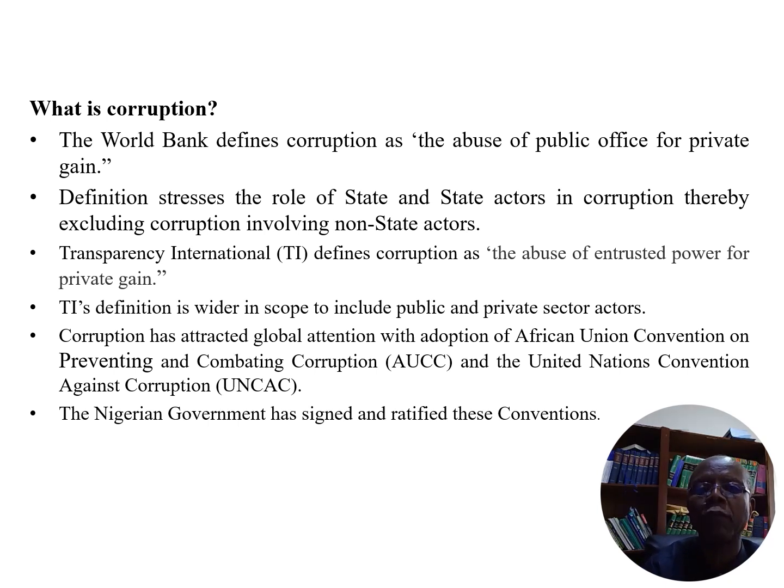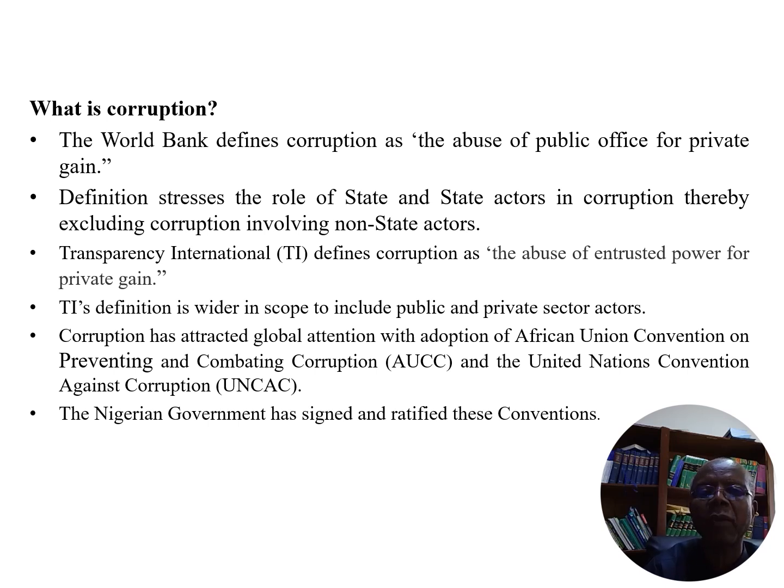So when a public officer abuses his office for private gain, this has to do with purposes not connected with the public office. Where a public officer abuses his office to earn private gain, private reward, or private benefit, that is an act of corruption.